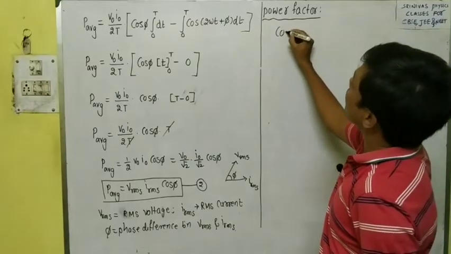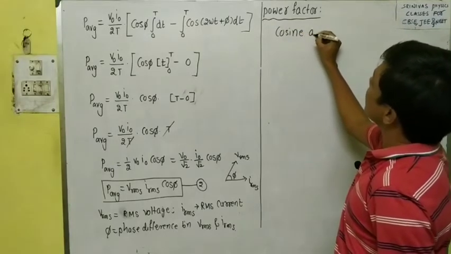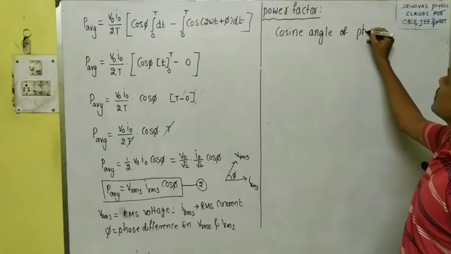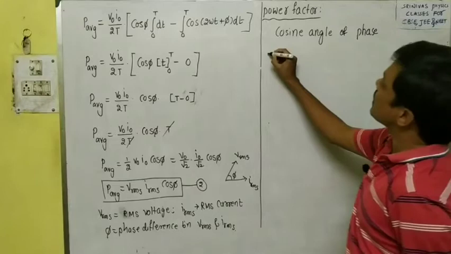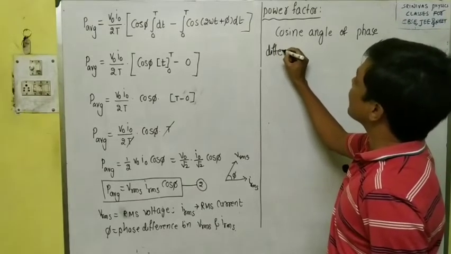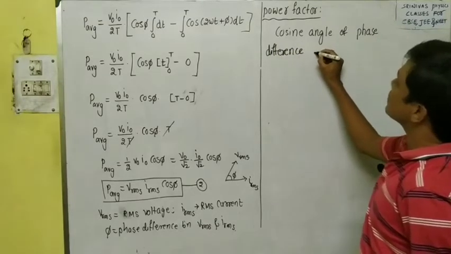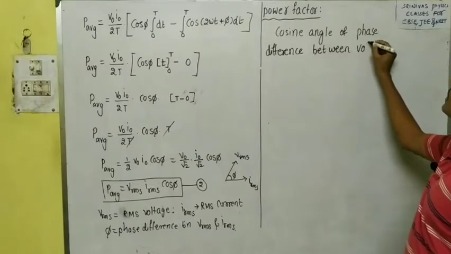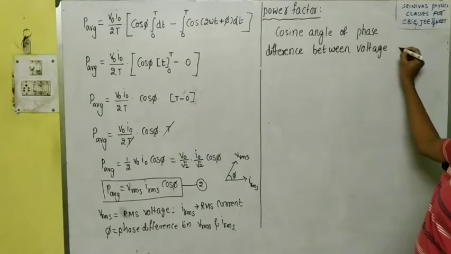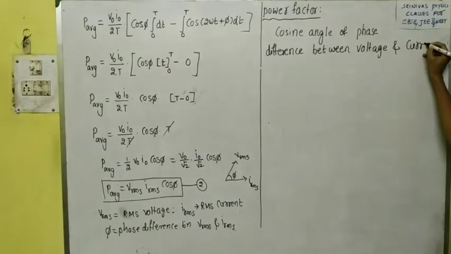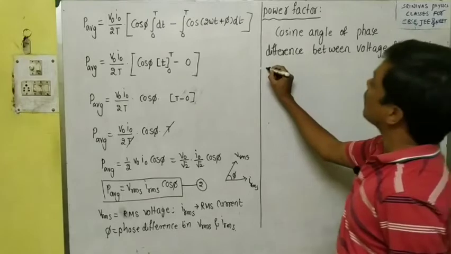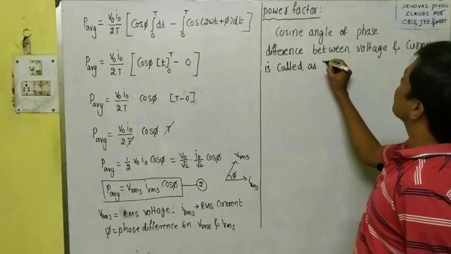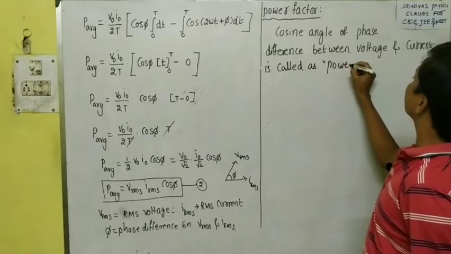The cosine of the angle, the phase difference between voltage and current, is called the power factor.